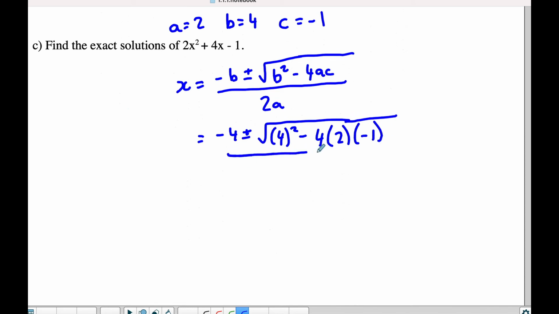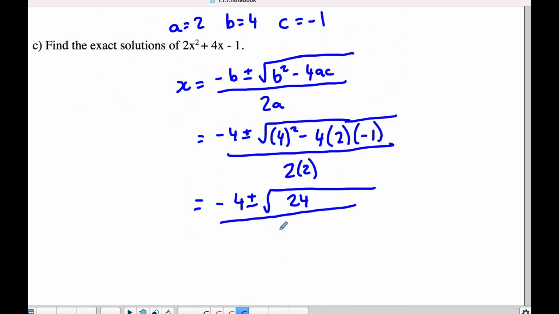And this is all over 2 times 2. So now when we simplify this, this is going to be negative 4 plus or minus the square root of, now this would be 16 minus negative 8, which would be 24, all over 4.